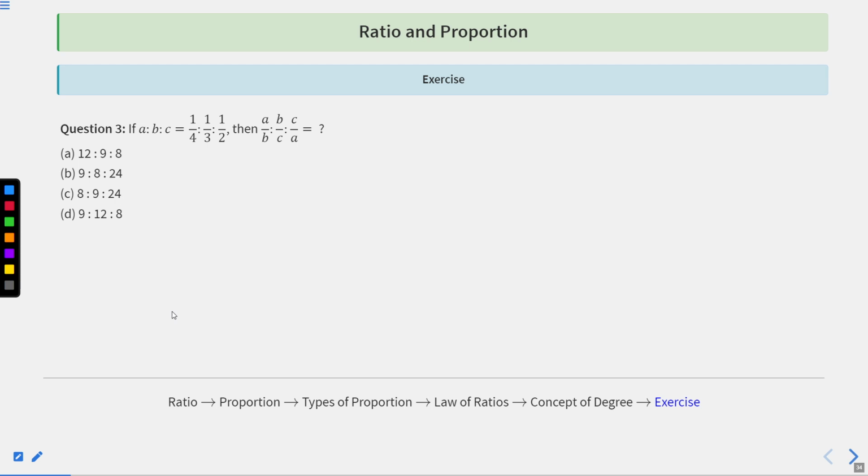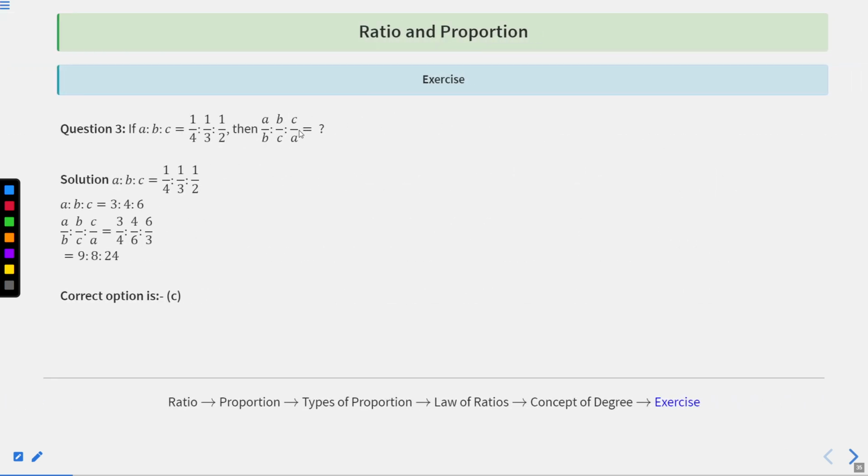Let us now move to question number 3. A is to B is to C is given to be 1 upon 4 is to 1 upon 3 is to 1 upon 2. Then A upon B is to B upon C is to C upon A is equal to? A, B, C is given to be this, but we can remove the fractions, so we will have 3 is to 4 is to 6.